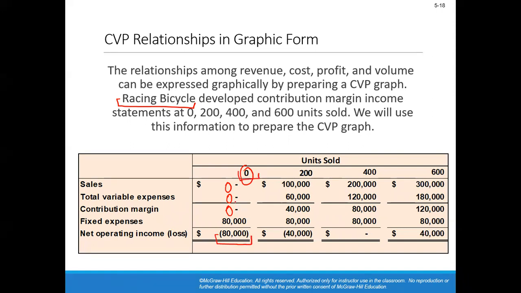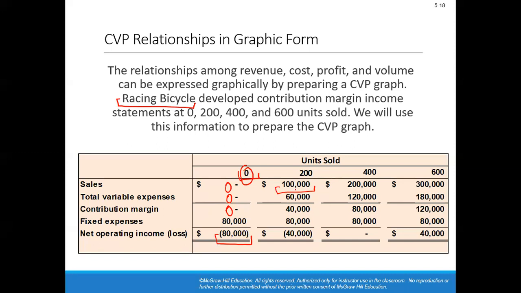So this is a negative number for zero unit sale. And if we increase the sales number from 0 to 200, our sales value is 200 multiplied by 500. You probably can recall the per unit selling price. So what is the total sales value? 100,000.